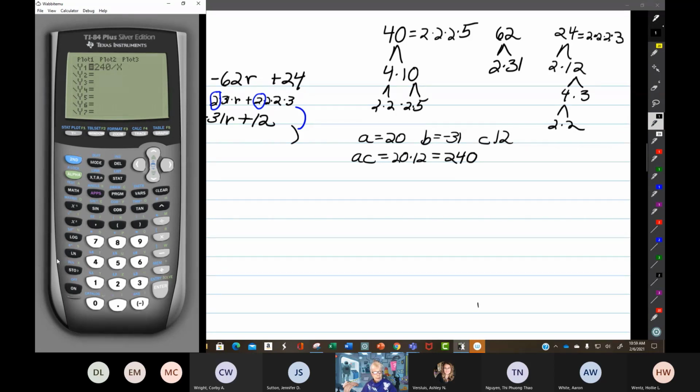Remember, we're not going to graph. Instead, we're going to push the second button and the graph button. Second graph will not graph.